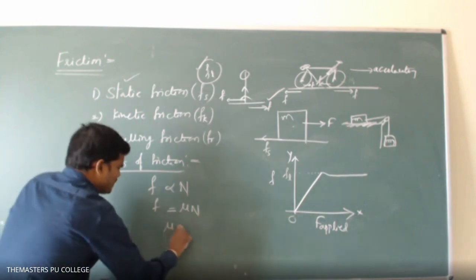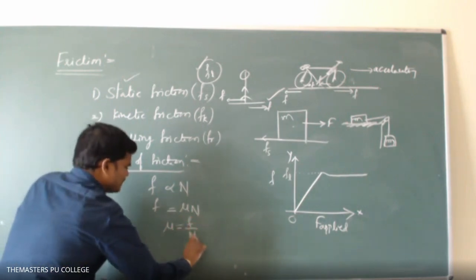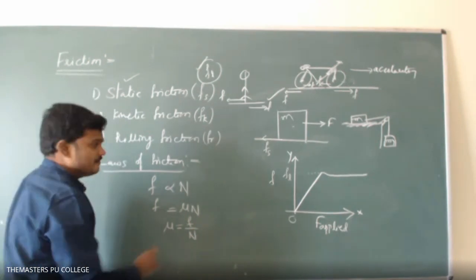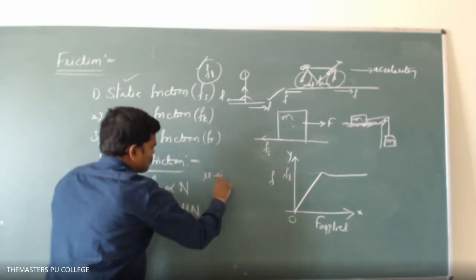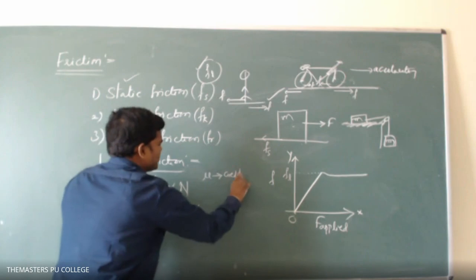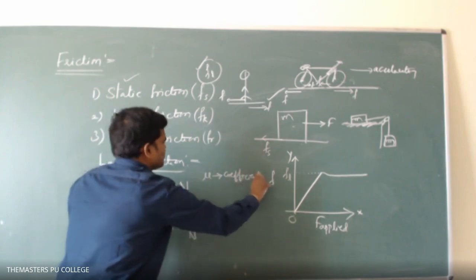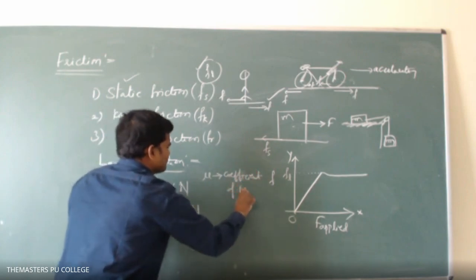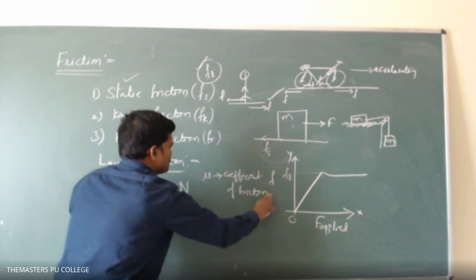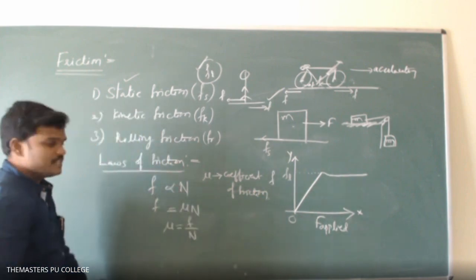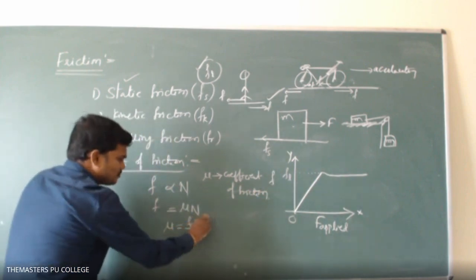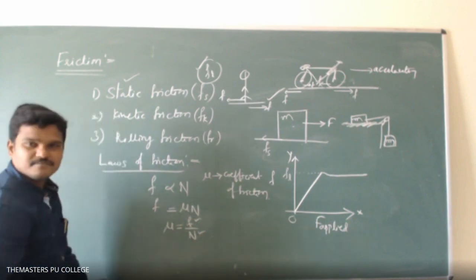So mu equals F by N, where mu is called the coefficient of friction. It is the ratio of frictional force to the normal reaction.